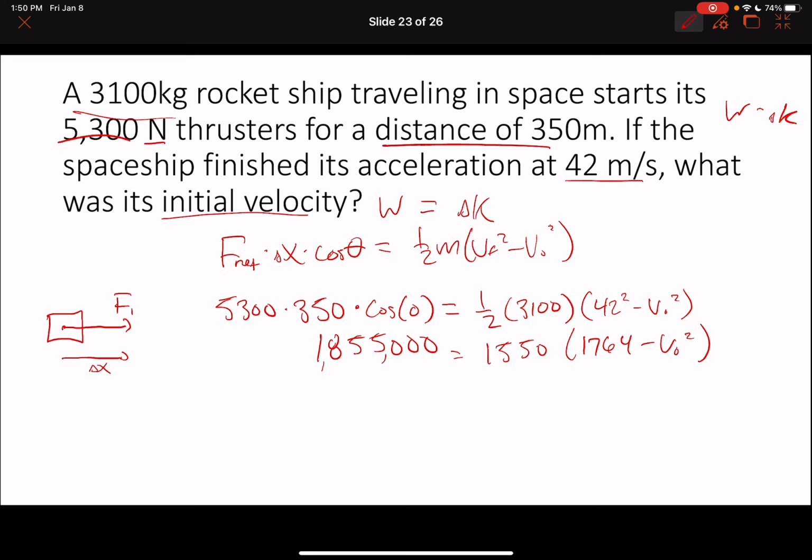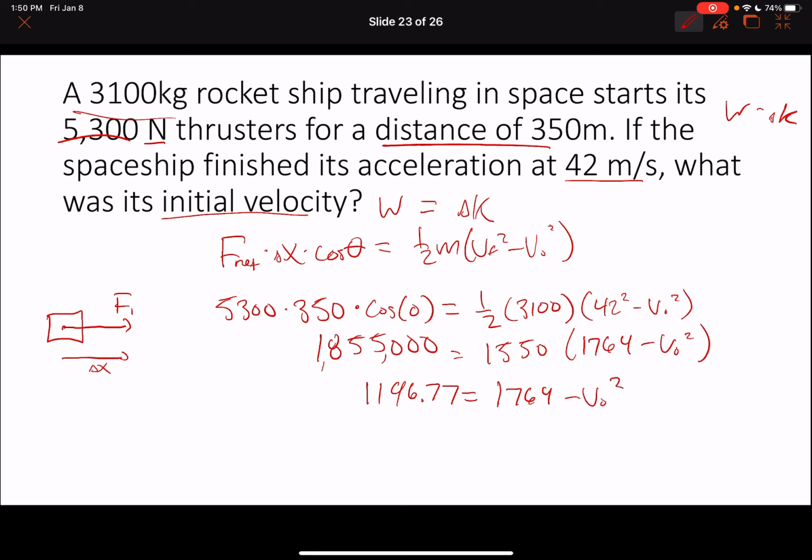So let's divide both sides by 1550. So that big number divided by 1550 is 1196.77. That's going to be equal to 1764 minus V naught squared.